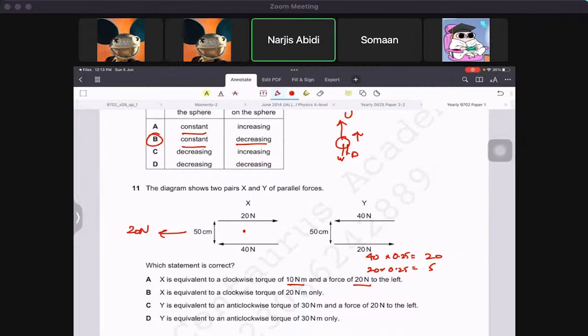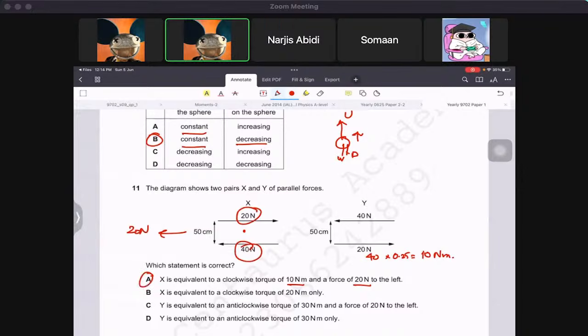Oh, no. This value you mean? No, 40 times 0.25. You accidentally wrote 0.5 in the calculator, so it came out wrong. Sorry, that's why I was so confused. Why is it giving me that? So this should be the right answer then.